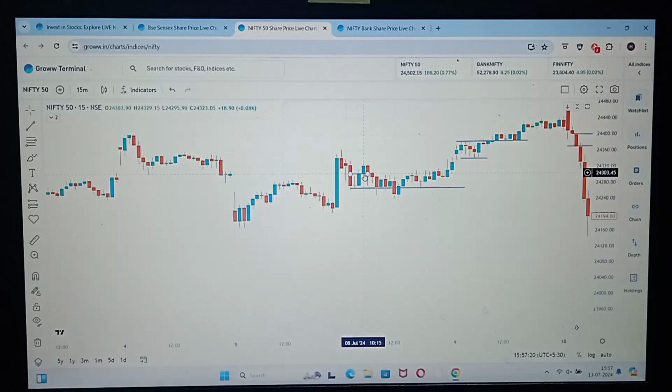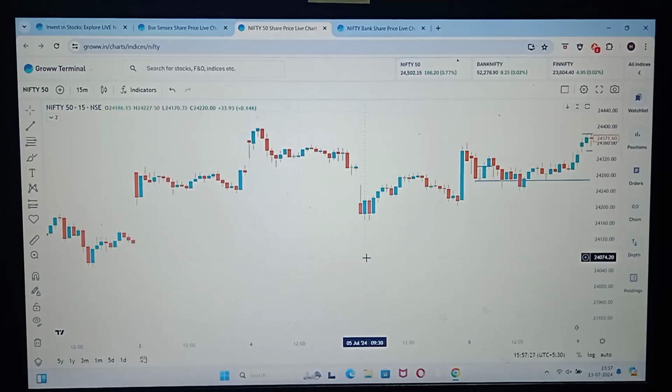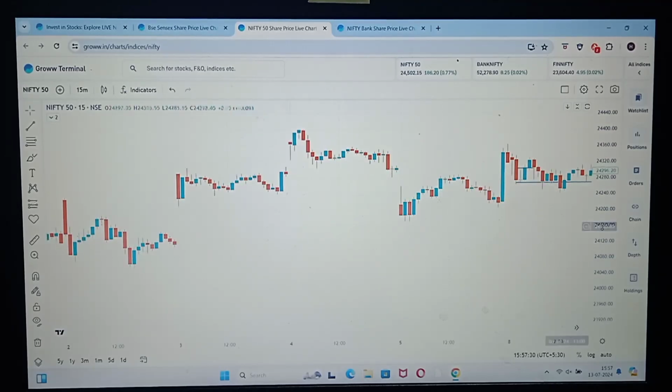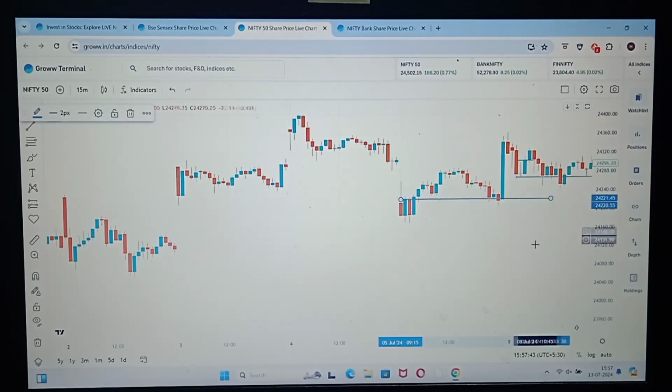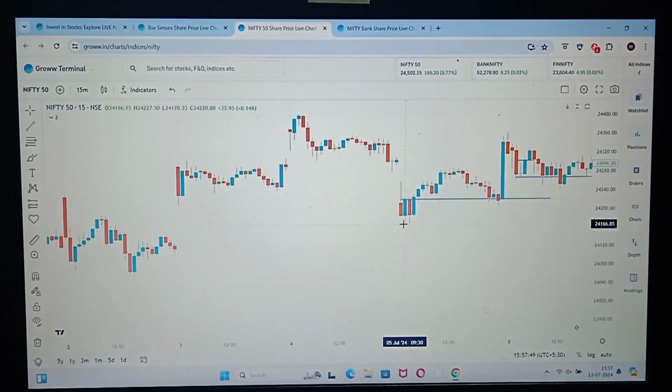You can easily take 20 points at the 24,303 level, easy 20 points. You can take 10 points, 5 points, even 2 points. 2 points are also profitable. Any profit is a big profit. Even no loss is a profit in the stock market.